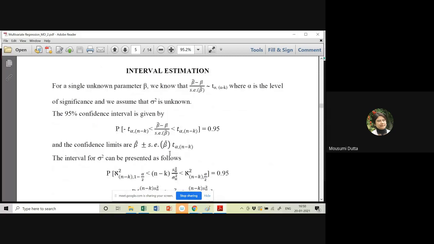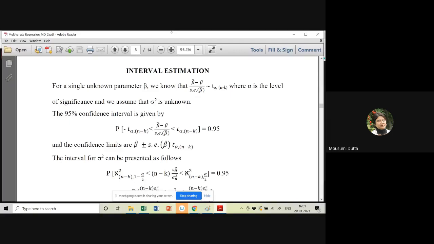Coming to the interval estimation part first, for a single unknown parameter beta, we know that beta hat minus beta divided by the standard error of beta hat follows the t distribution, student's t distribution, because it is beta hat minus expectation of beta hat divided by standard error of beta hat.